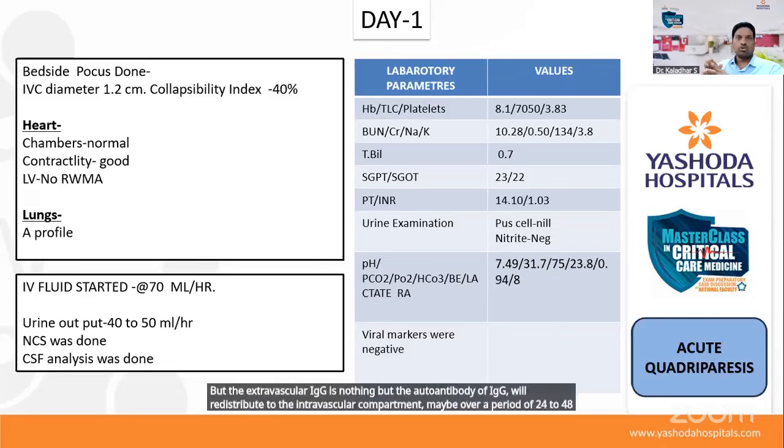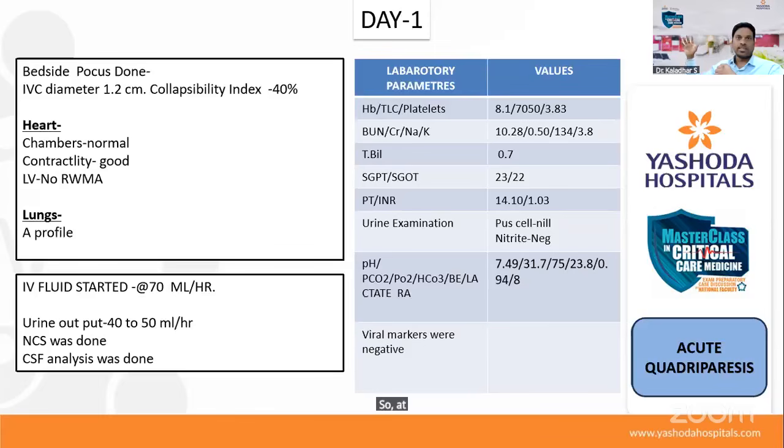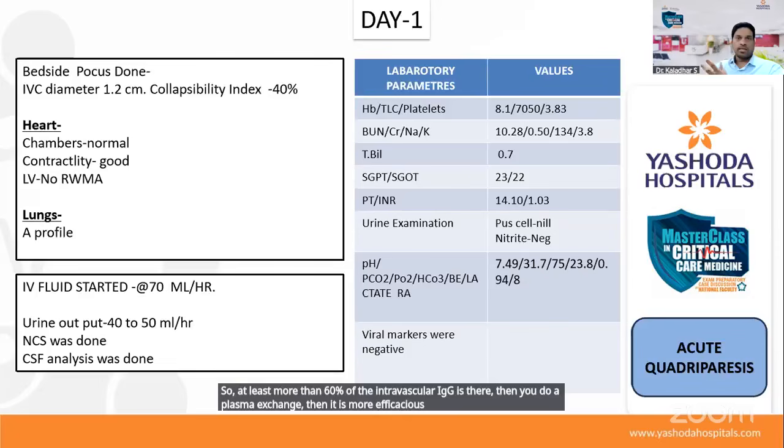Generally, they say 1 to 2% of IgG comes from extravascular to intravascular. So at least when more than 60% of the IgG is intravascular, then you do a plasma exchange, and it is more efficacious. If you look at 48 hours, it may be coming around to 60%.